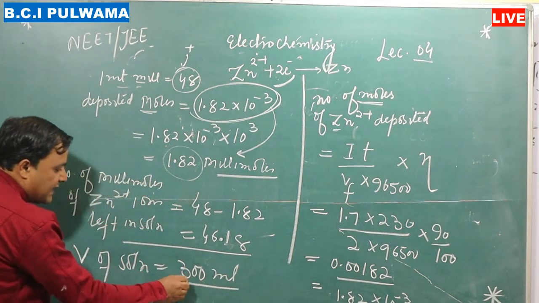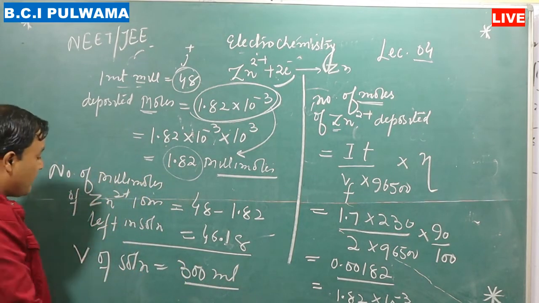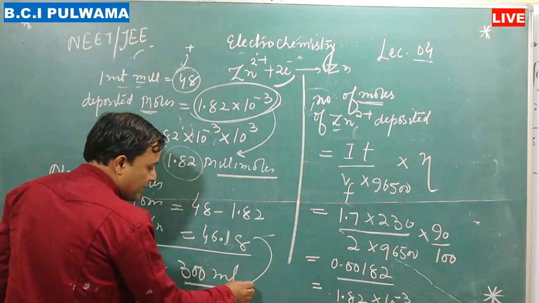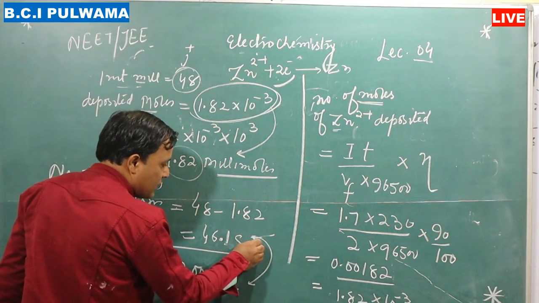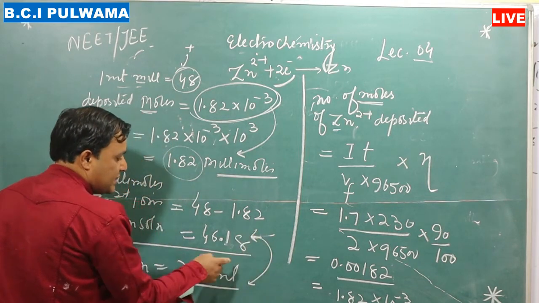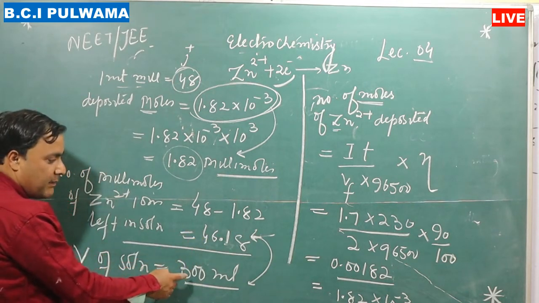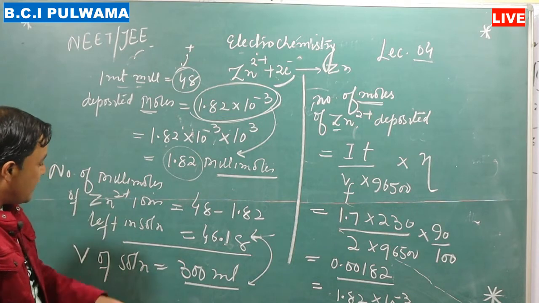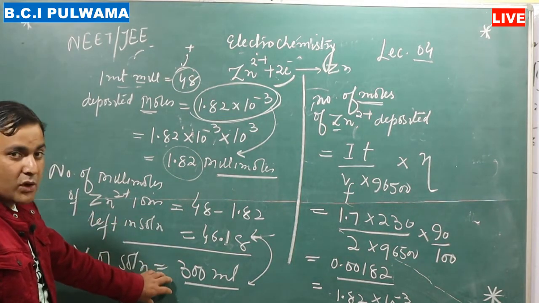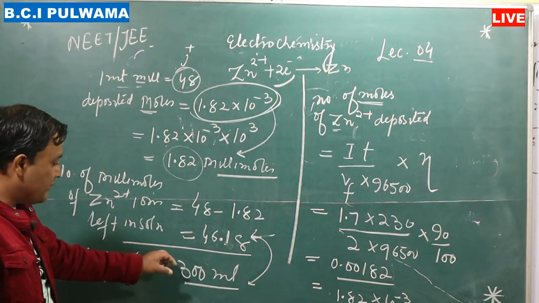We can easily calculate the molarity. The number of millimoles that have been left in the solution is this, and the volume of solution is 300 ml. Molarity is equal to the number of millimoles divided by the volume of solution in milliliters.